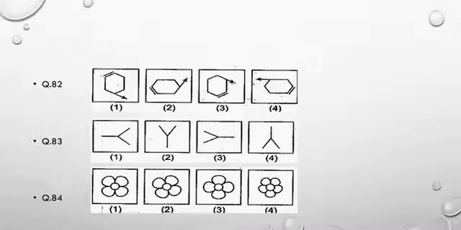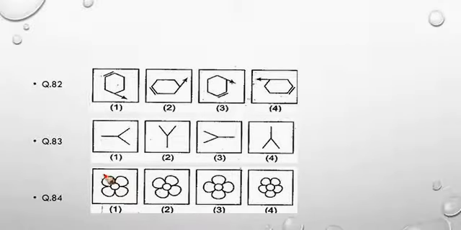Let's go to question number 84. In this question, there are 4 options given. In each option, there are flowers made up of leaves. So let's count the number of leaves.